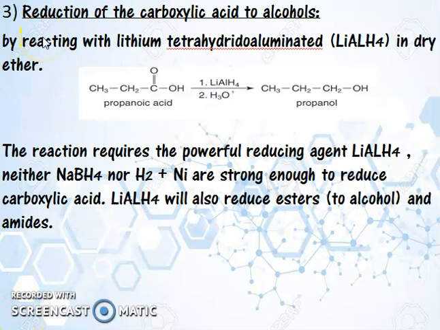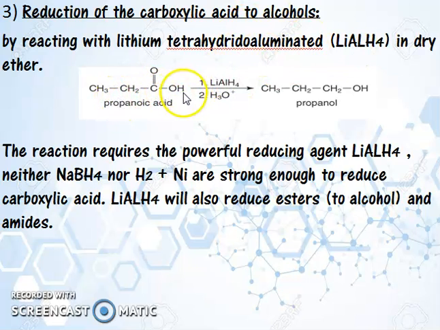Now let us see how is the reduction of carboxylic acid to alcohol. So carboxylic acid is reduced to alcohol when it is reacting with lithium tetrahydroaluminate. That is LiAlH4 in dry ether. Now look at this reaction, student.